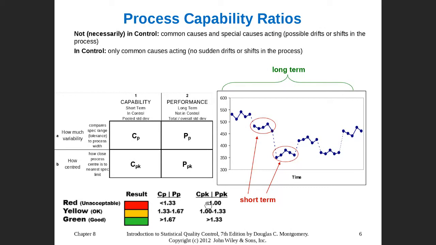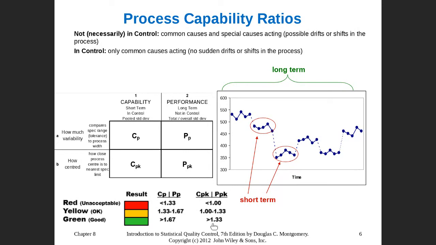In this case, you will say the process has a potential for capability, but is not capable, due to what? If this one is the one not meeting the requirements, then it is due to the high variability. If this is the one not meeting the requirement, you say it is due to the off centering of the process.